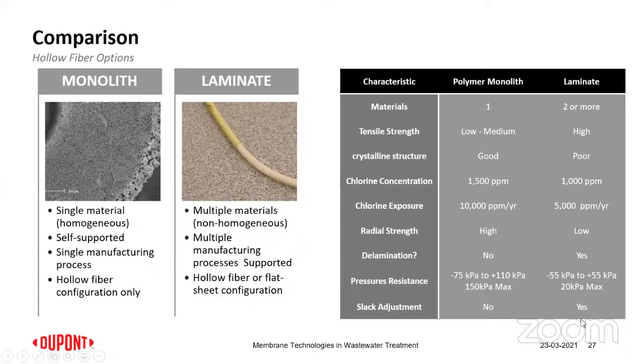So this is a quick view on the two types of fibers. In a monolith, you have just one material. In the other, you have two materials, which will have limitations in the usage of chemicals.